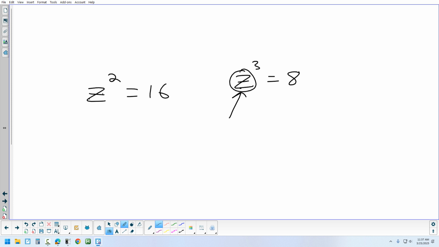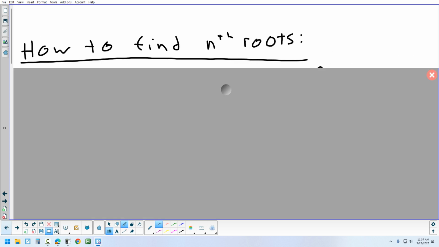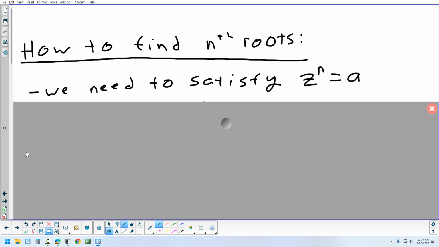So that's the kind of equation we're going to set up each time: something to a power is going to equal something else. So that's what we need to figure out. We need to figure out how to satisfy that equation. Satisfy means how do we solve it?